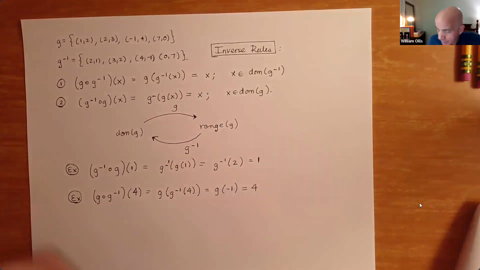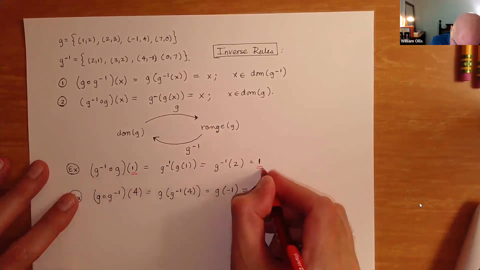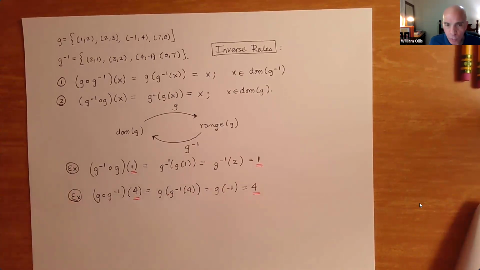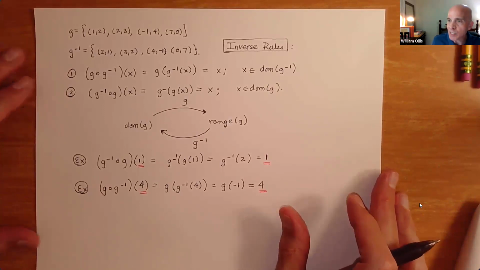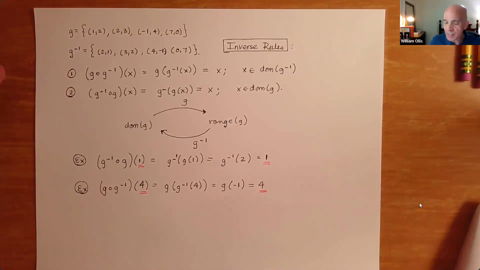So again, what we see is input equals output. And it doesn't matter what order. The inverse function and its original function are both one-to-one. So we get this incredible composition rule.